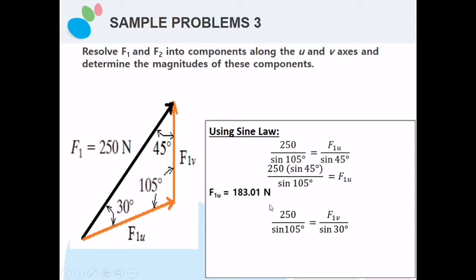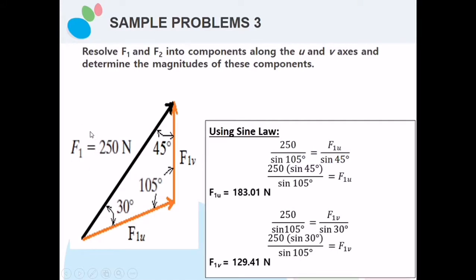Using the same method as the previous one, with a little bit of algebra or trigonometric simplification using cross multiplication, F sub 1v will be equal to 250 times sine 30 divided by sine of 150 degrees. Using your calculator, our v component for the F sub 1 will be equal to 129.41 Newton. Okay, so this is already our answer for the u and v components for the first force.